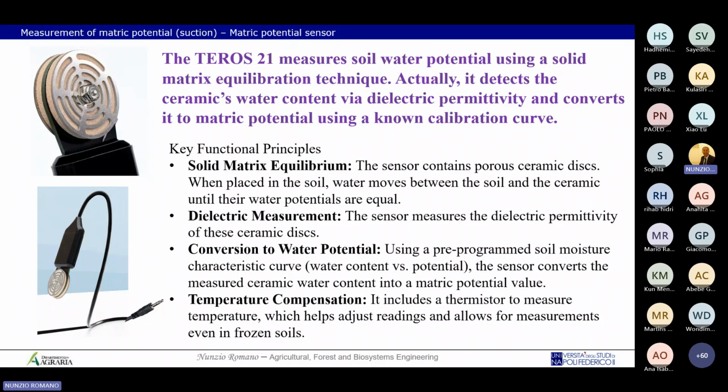So just to be clear, in a certain way from the theoretical point of view, you can transfer the information from the ceramic water content to the matrix potential from the theoretical point of view. The factory is warning that the uncertainty in the wet part of the system is so high that the measurement is not reliable.